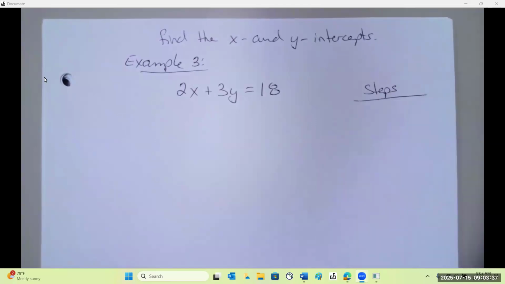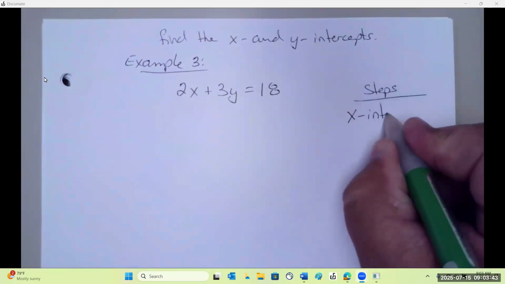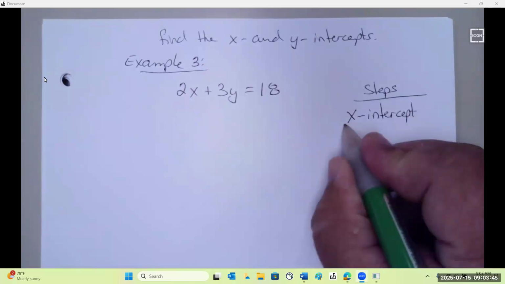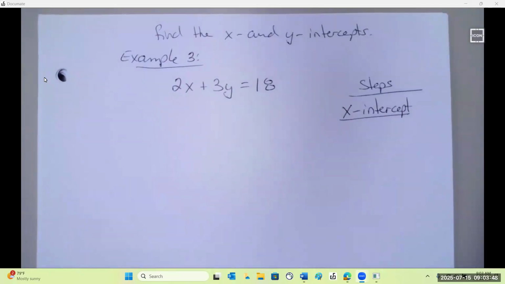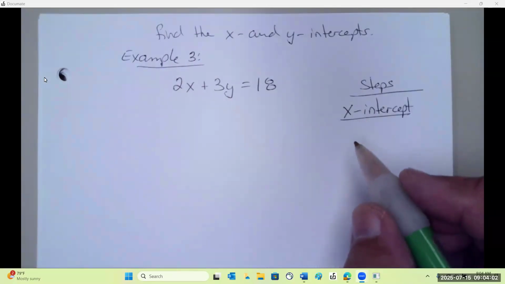Here are the steps to find the x and y intercepts. To find the x-intercept, remember, where exactly is the x-intercept located? On the horizontal line. So it's where it crosses the horizontal line.